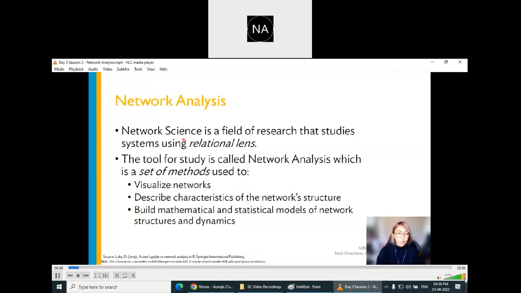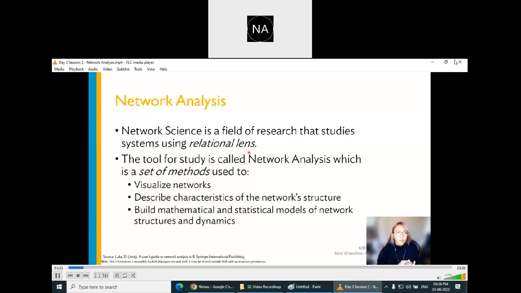So before we tackle network analysis, let's first discuss what network science is. Network science is this broad field of research that studies systems or data using a relational lens. And when we say relational lens, it's really just a way of looking into your data in terms of objects of interest and the relationship between them.